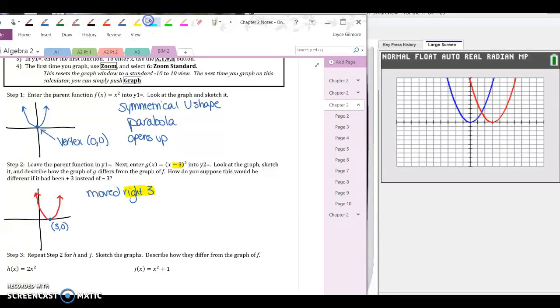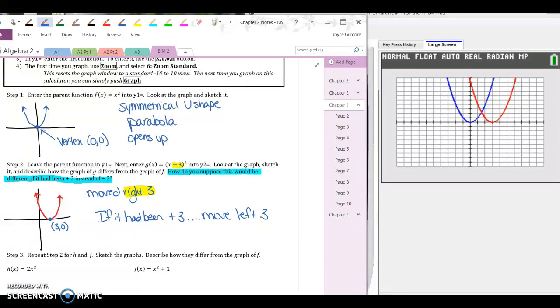How do you suppose this would be different if it had been plus 3 instead of minus 3? It would have moved left 3. Do you notice it's backwards? Plus moves to the left, minus moves to the right.